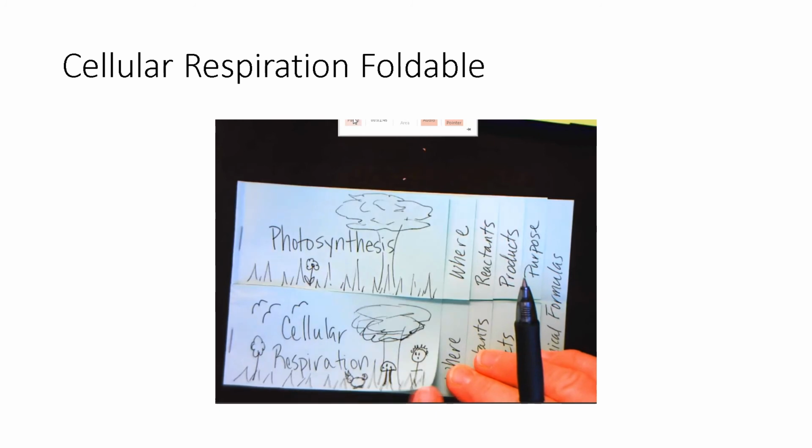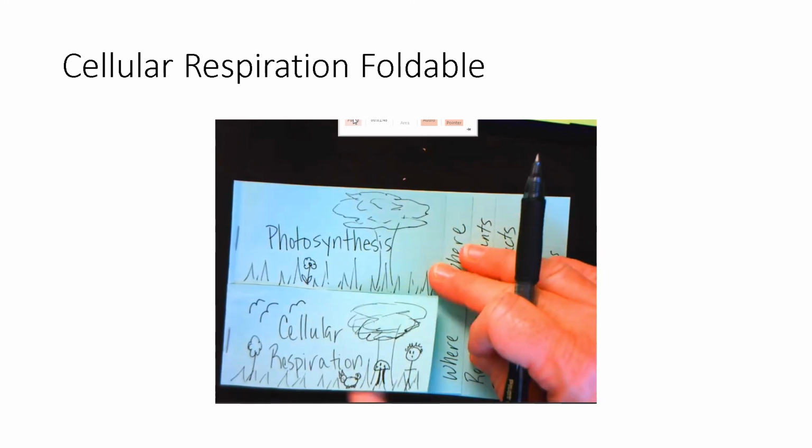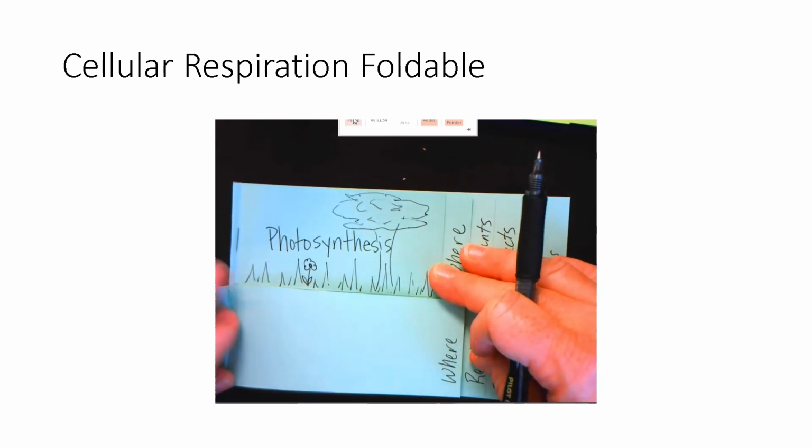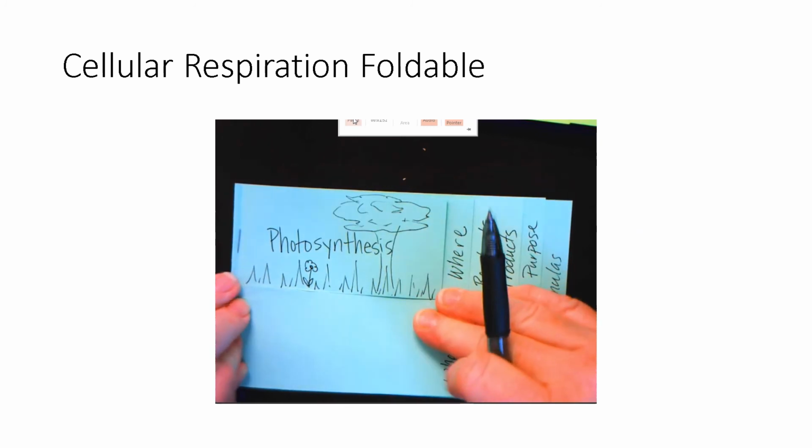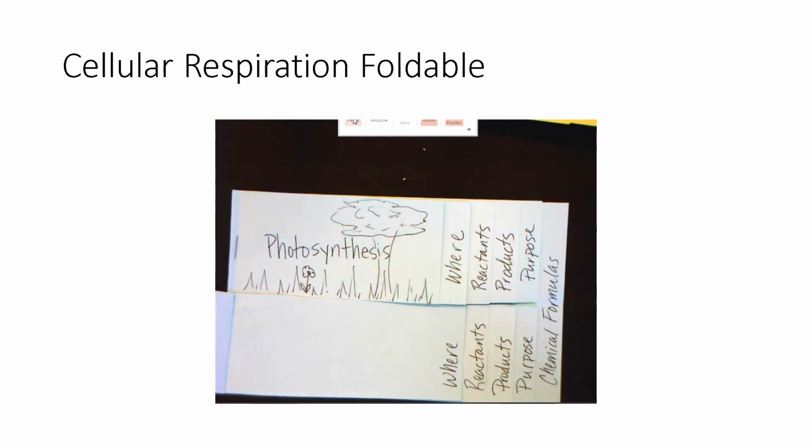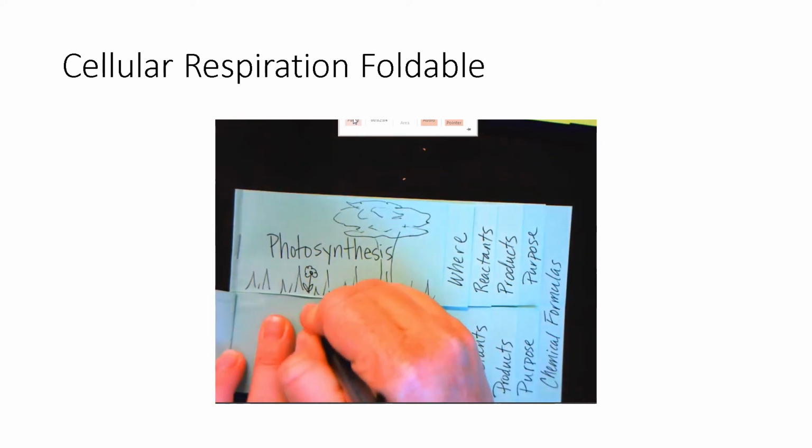So you see right here, I'm going to flip up this tab, where. What is the name of where most of this energy is made? What's the name of that organelle? No, not the organelle that we're trying to get into. Mitochondria. So we're going to label mitochondria.